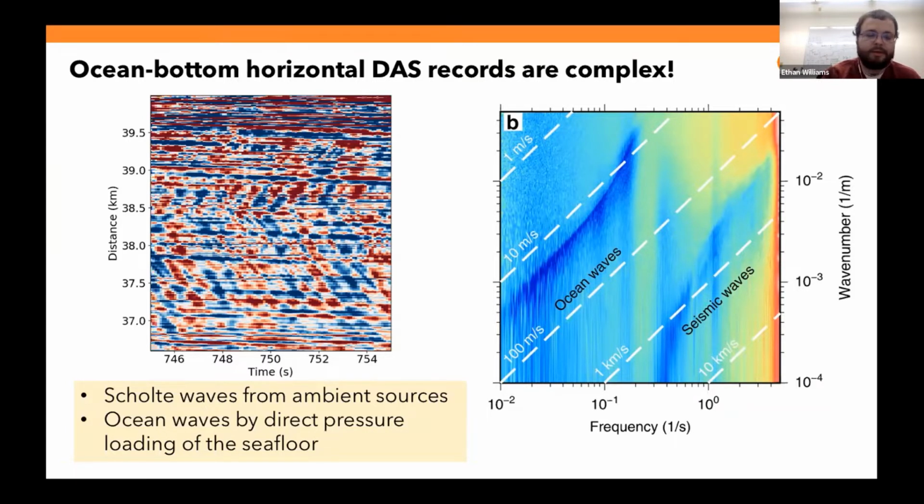And so you can see on the right that this messy wave field on the left has turned into a very clear spectrum, with ocean waves going around 10 meters per second on one side that are pushing down on the cable from the surface, and seismic waves, mostly surface wave phases, closer to 100 to 1 kilometer per second at higher frequencies.